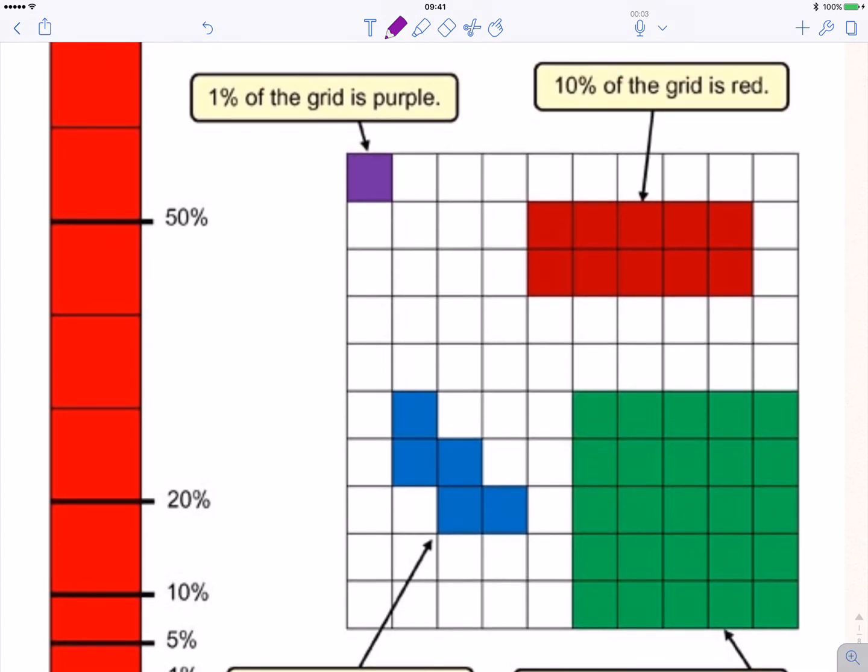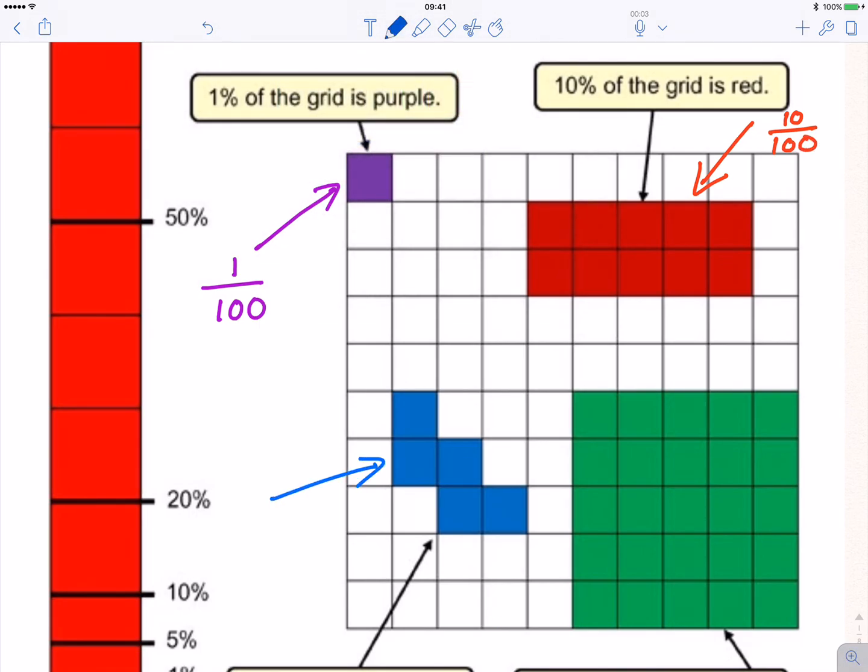Now, this purple square here makes up 1% because it's one square out of 100. This red shape over here is 10% because it's 10 squares out of 100.